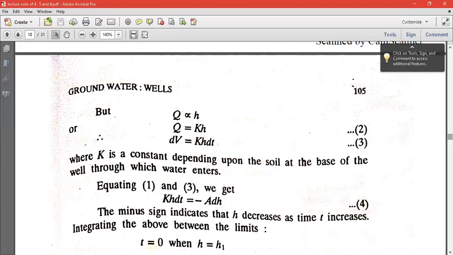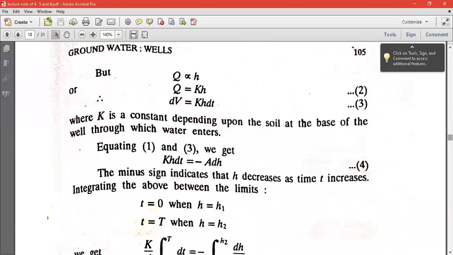Now KH dt equal to dV equal to minus A dH, because dV equal to A dH. Why the minus sign? Because with the increase of time, H decreases. Why? Because recuperation happens, which means water rises up, so the depression head decreases. So H decreases as T increases, hence the negative sign.